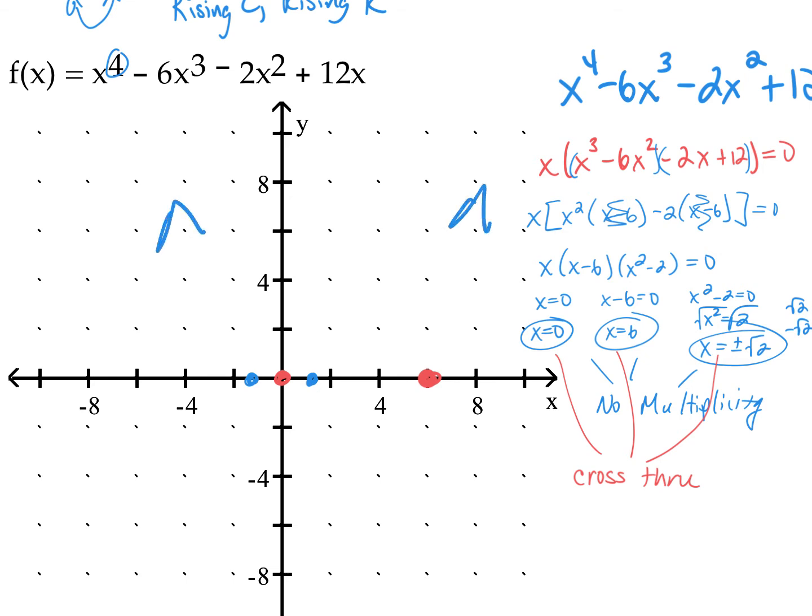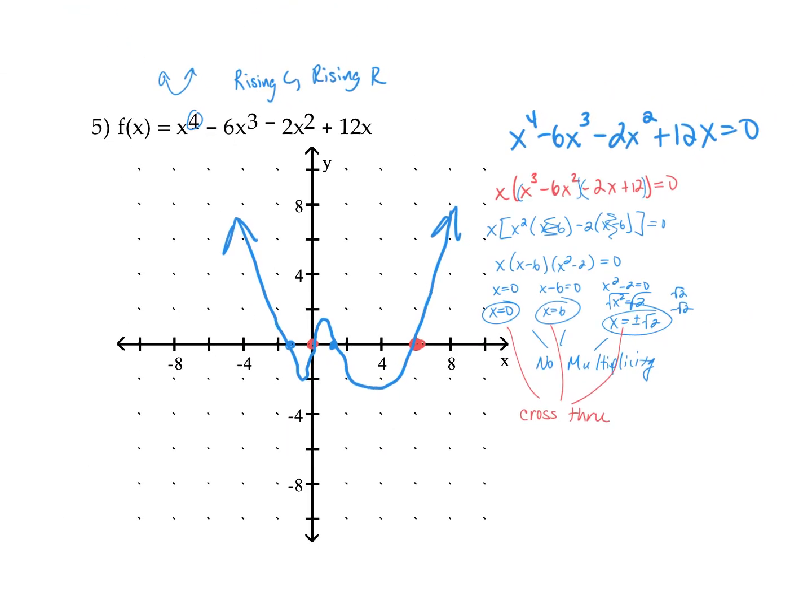Now tell yourself this, what happens at the x-axis? Is your graph going through those points or bouncing? So I'm going to come down, go through that one and then back up, and then through that one and then back up. If it touches and turns, it's because you have a multiplicity an even number of times.